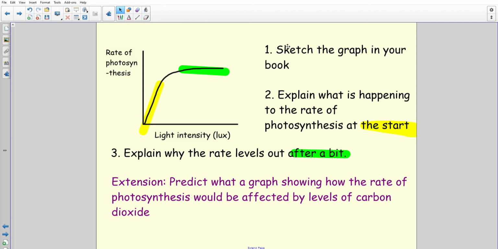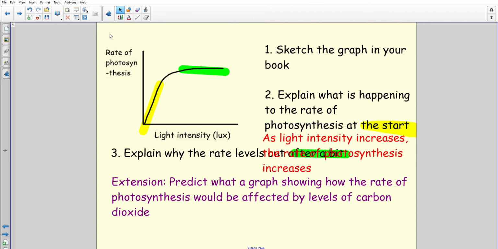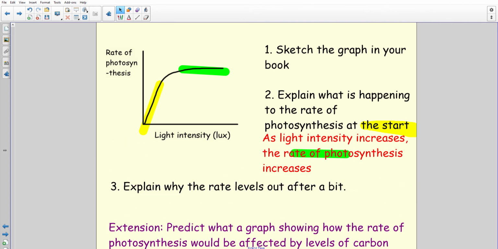Okay, so sketch the graph, you should have done that. Explain what's happening at the start. We should have said something along the lines of, as light intensity increases, the rate of photosynthesis increases. Quite simple. As light intensity goes up, the rate of photosynthesis is also going up.